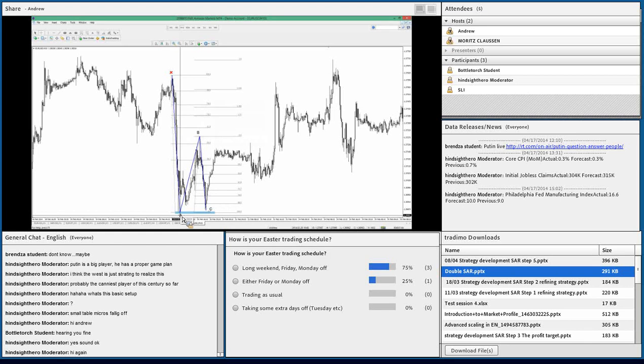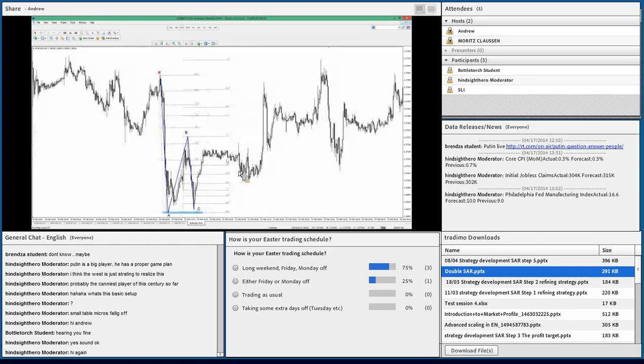So pretty straightforward. And then what we have is we're looking at this area here.